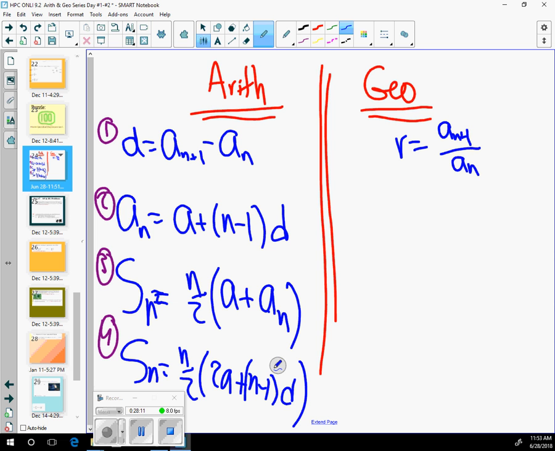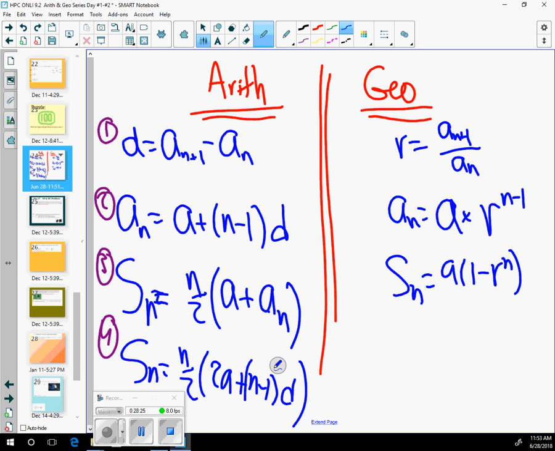You have the nth term is first term times r to the n minus 1. And then you have the sum of n terms is a times 1 minus r to the n over 1 minus r. And I have seen it in books where they go a times r to the n minus 1 over r minus 1.